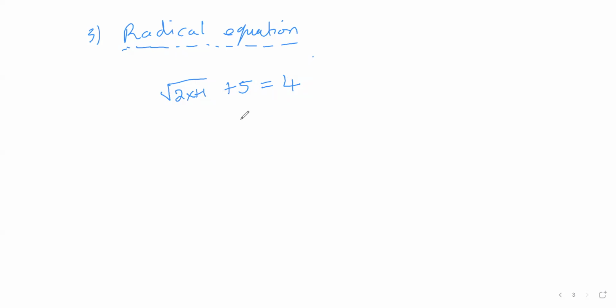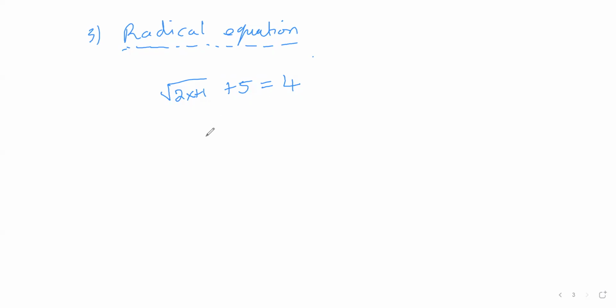Now, in order to solve radical equations, what you need to do is to eliminate all radical signs. And by eliminate, I don't just mean throw it away. You need to eliminate it mathematically in a way that you end up not changing the question.